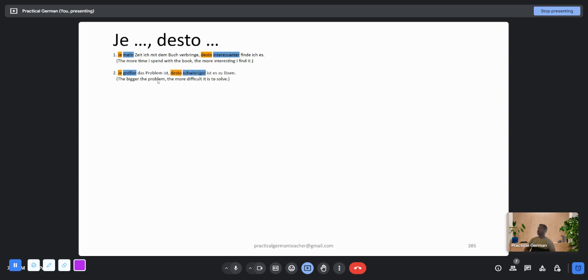So again, you may think the verb will be just after desto in the comparative. It is actually ist. So desto schwieriger ist es. This zu lösen is extra information. For example, I can just say the bigger the problem, the more difficult it is: Je größer das Problem ist, desto schwieriger ist es. Zu lösen is like an afterthought.